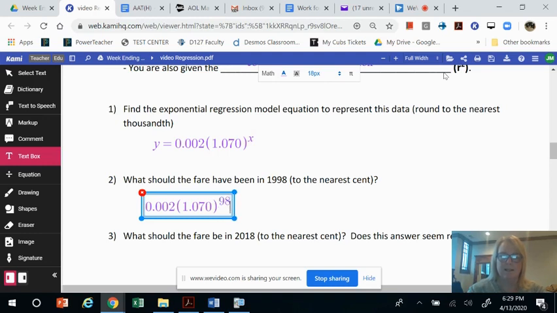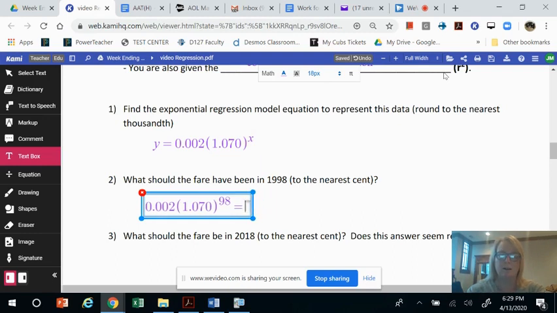That would be raised to the 98th. And $1.52 is what I calculate to the nearest cent.